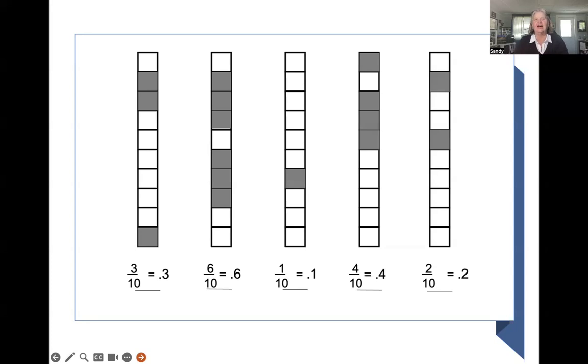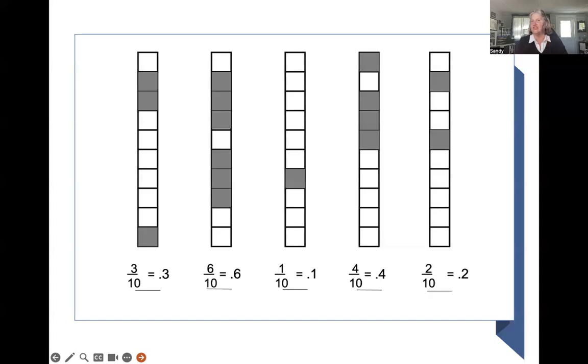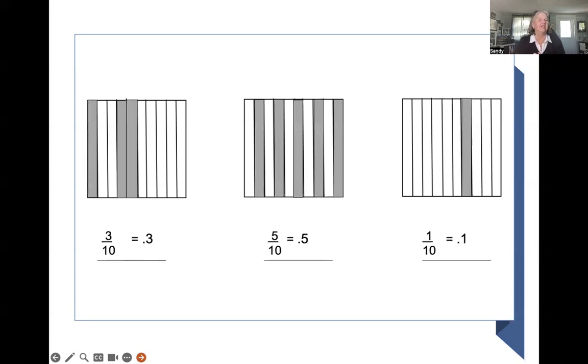Now, I can transition them from this long rectangular one that looks like the fraction strips they've been using to a different whole. In this case, our rectangle is actually an equilateral rectangle, a square. This one has been divided into 10 equal sections. I can do the same activity. Color them in a different number, right? A different number of sections in each one, and then let's label them.